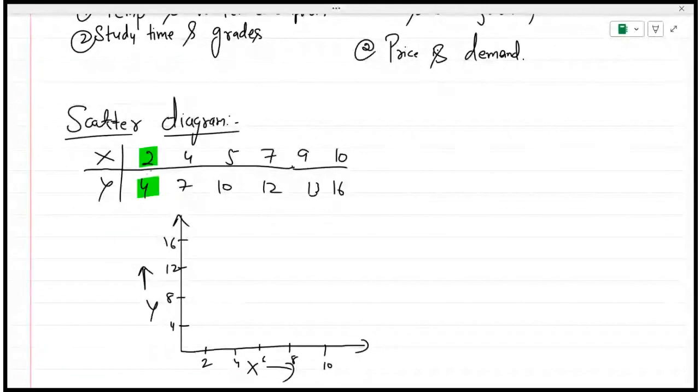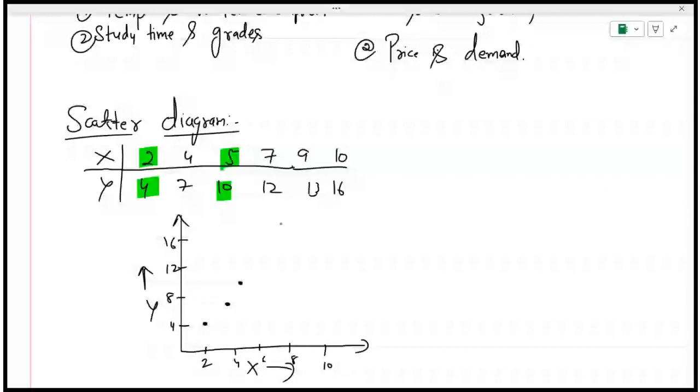First we will draw 2, 4. So this is 2 and this is 4. Then we will take 4, 7, roughly somewhere here. Then we have 5, 10: x is 5 and y is 10 somewhere here.